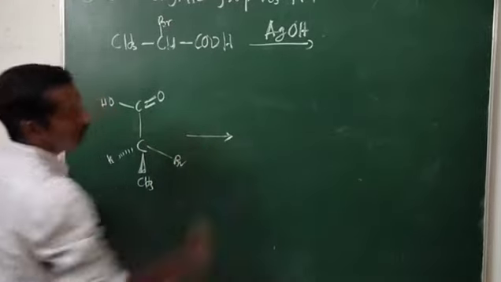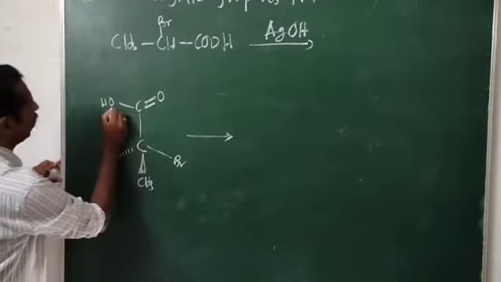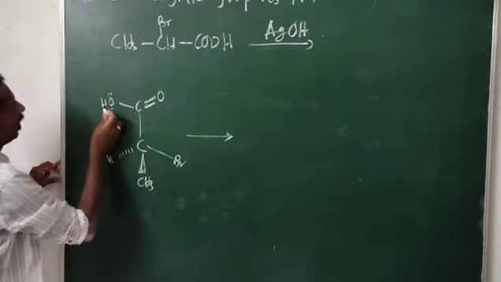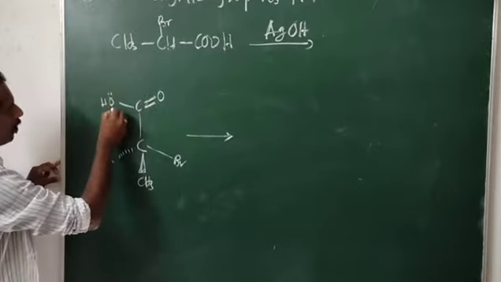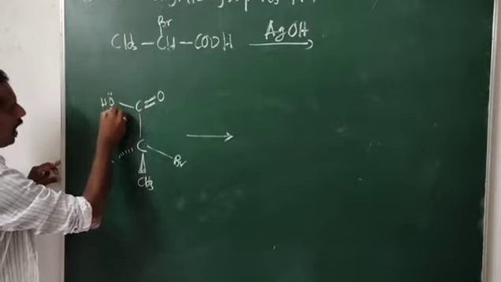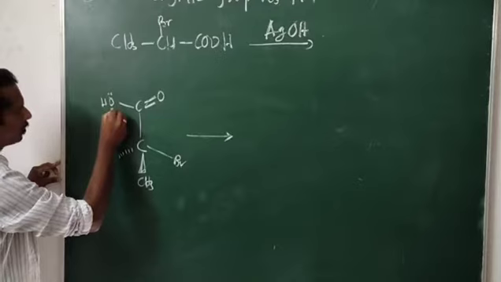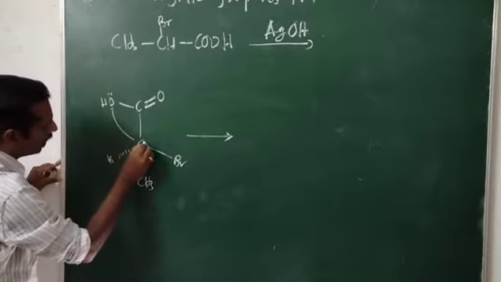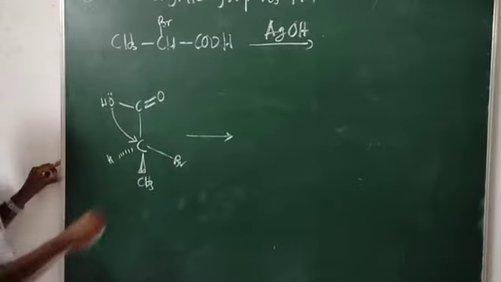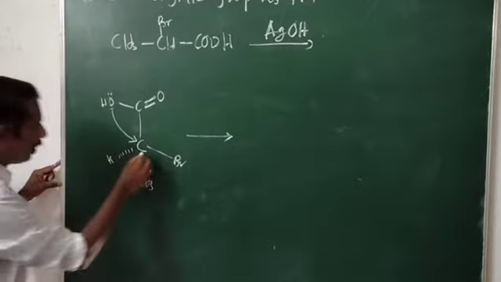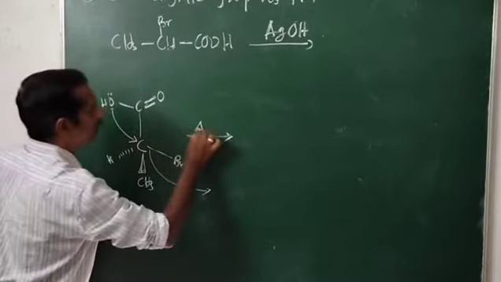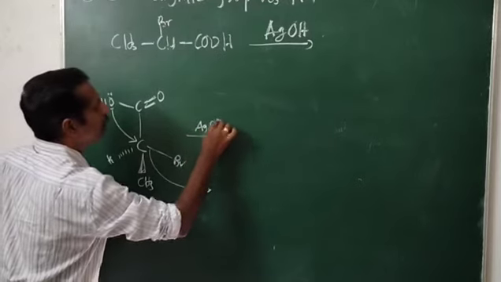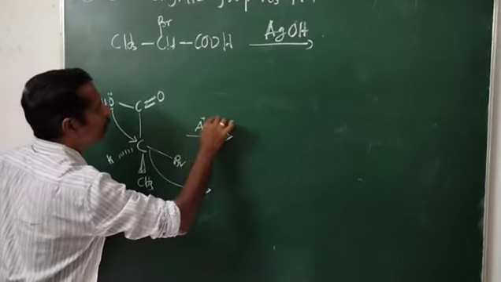Now in the first step, you can see that the lone pair electron present on this oxygen. That means the carboxylate group is this one. The lone pair electron or unshared pair of electron present on this oxygen will attack the alpha carbon from the backside, which will result in the expulsion of Br minus, and we have AgOH. AgOH means Ag plus and OH minus is there.